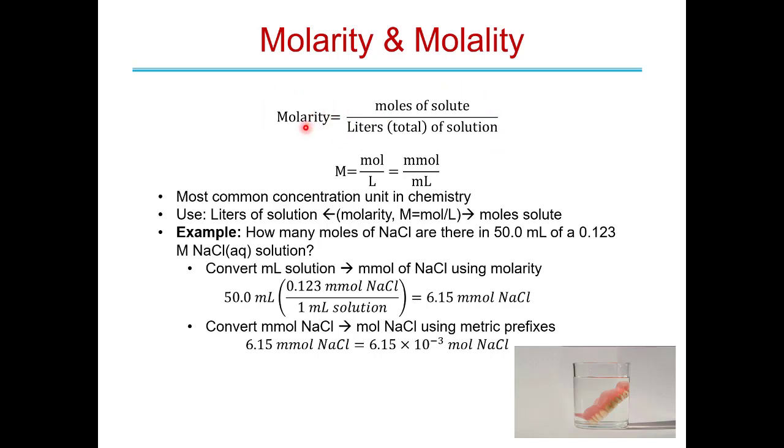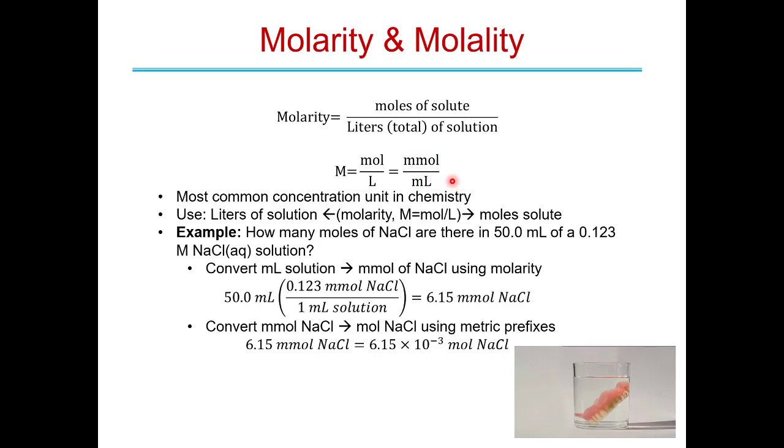Again, molarity is given the symbol capital M, and whenever you see capital M, you can substitute in your head that it is moles per liter. Moles of solute for every 1 liter of solution. Equivalently, we can put a metric prefix here, milli, so we can talk about millimoles per milliliter.